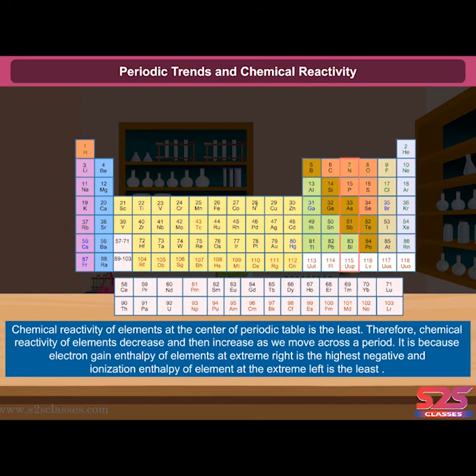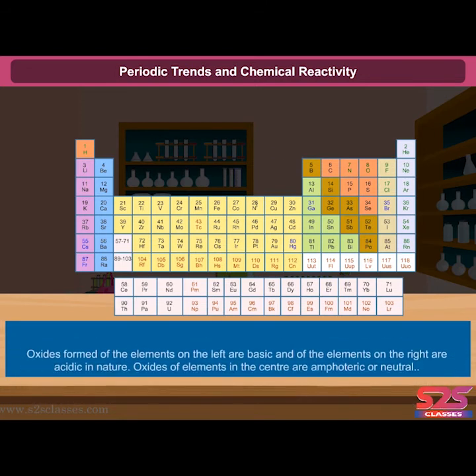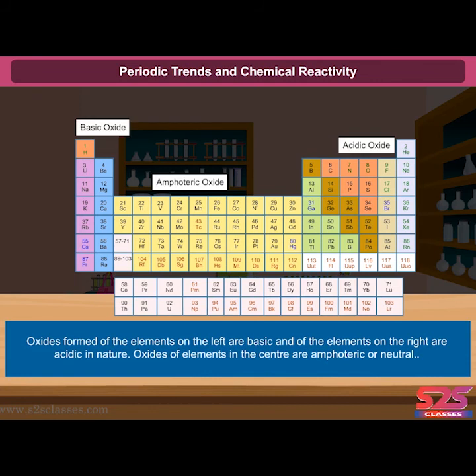It is because the electron gain enthalpy of elements at the extreme right is the highest negative and the ionization enthalpy of elements at the extreme left is the least. Oxides of the elements on the left are basic and of the elements on the right are acidic in nature. Oxides of elements in the center are amphoteric or neutral.